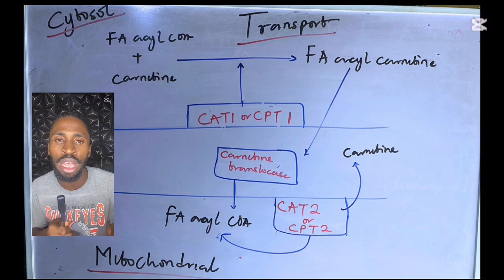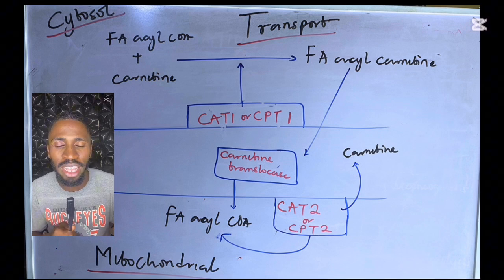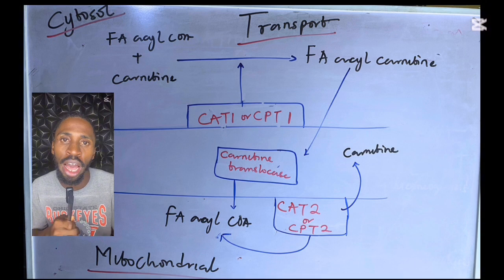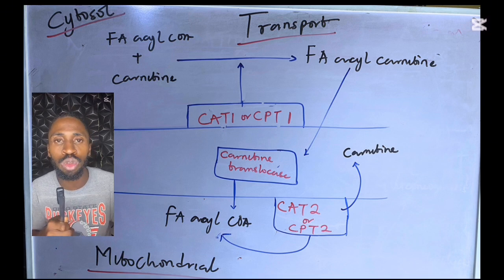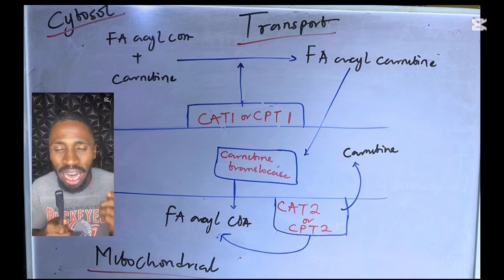It gives it to carnitine translocase, which transports the fatty acid carnitine to the inner mitochondrial matrix. It hands it over to CAT2, carnitine acyl transferase type 2. CAT2 takes the carnitine, sends it back to the outer mitochondrial membrane, and gives the CoA back.